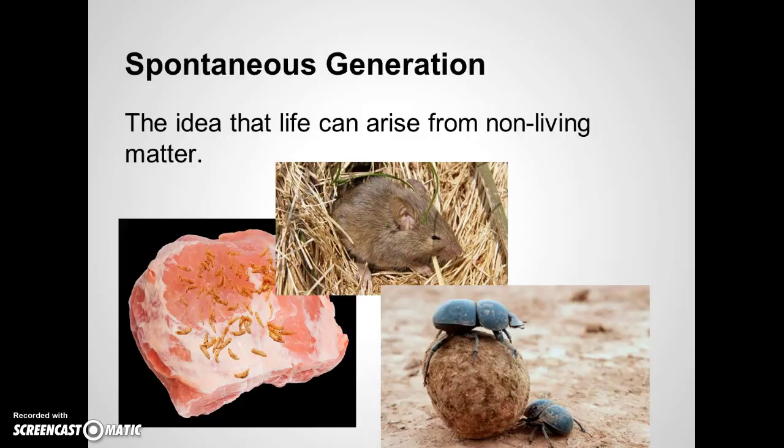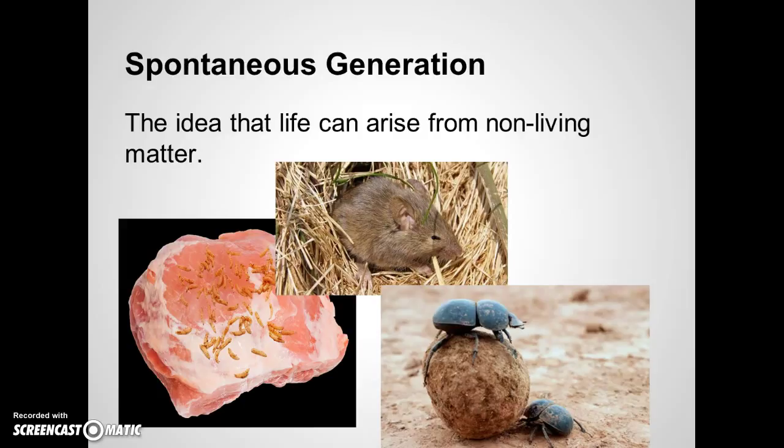The question of where did life come from arose by many people. Without understanding the cell and understanding life itself, they would see things just appear. For example, maggots, which turn into flies, would always appear by meat. So did the meat make the maggots?